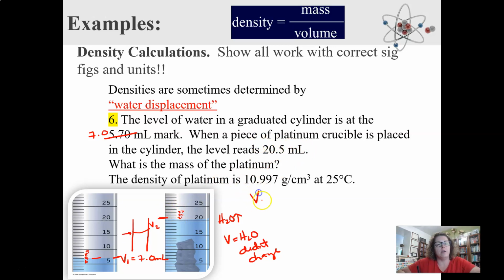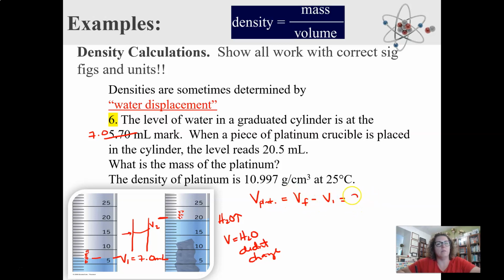So first, I need to figure out the volume of this piece of platinum. I'll just call it volume plat, or you could put volume metal. When you're doing the volume, it's the final minus the initial, or V2 minus V1.